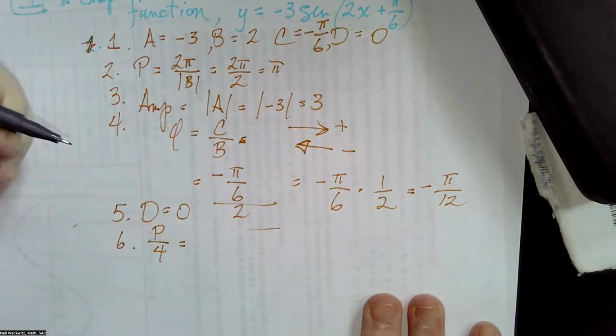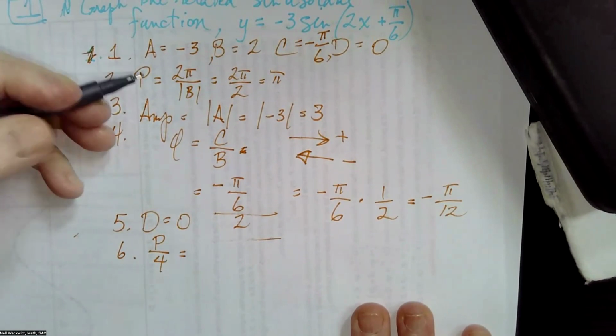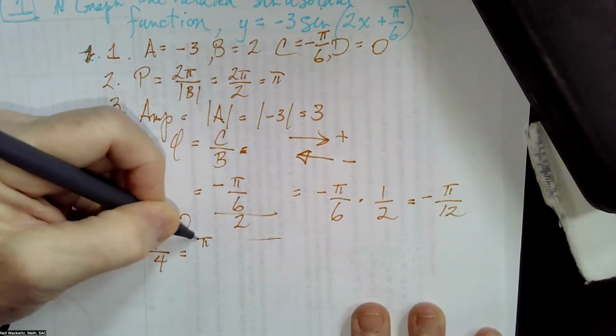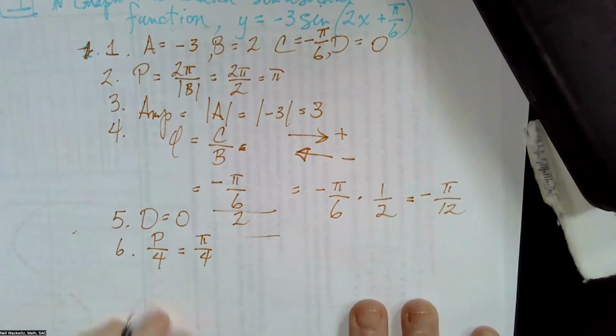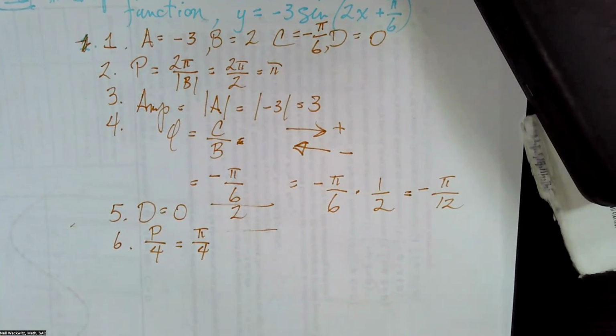P divided by 4. We said that the period was pi. And why is that important? Why does it help to have P over 4? Thanks, Ben. Why does it help to have P over 4?